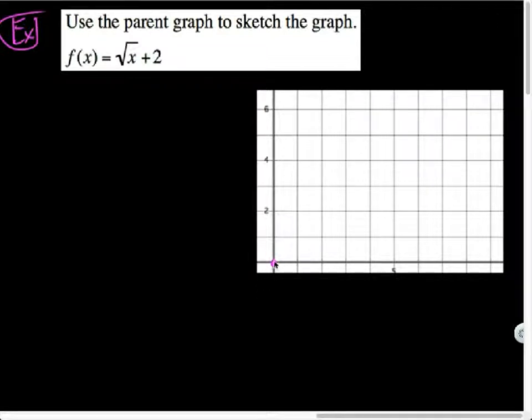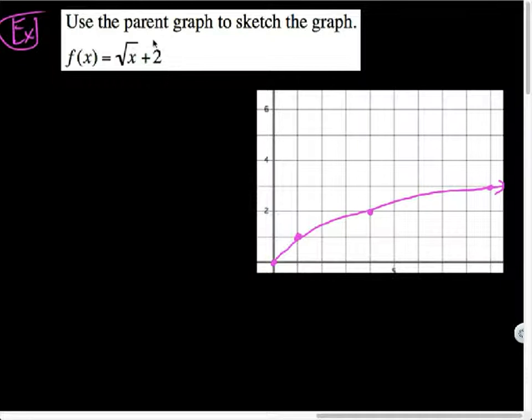So the square root of 0 is 0, the square root of 4 is 2. The square root of 9 is 3. The square root of 1 is 1. So that's what my square root graph would have looked like.